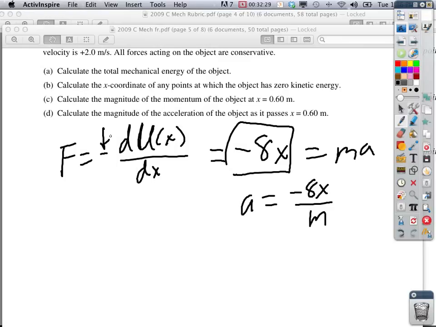In a spring system, it makes sense because the force is a restorative force, so it pushes you back towards equilibrium. When you take the derivative of the function that describes the energy to figure out the acceleration, it's always trying to push you back to equilibrium. So the negative is needed.